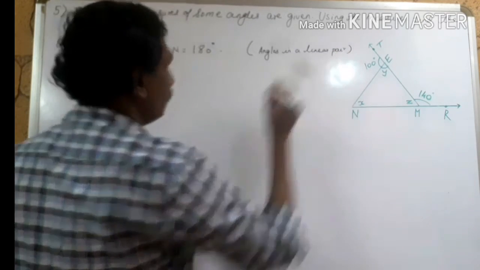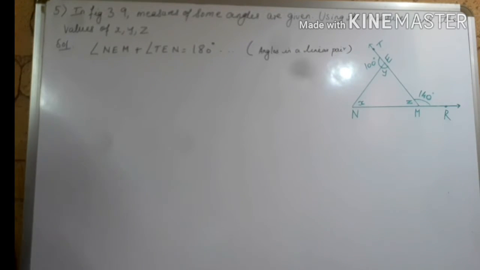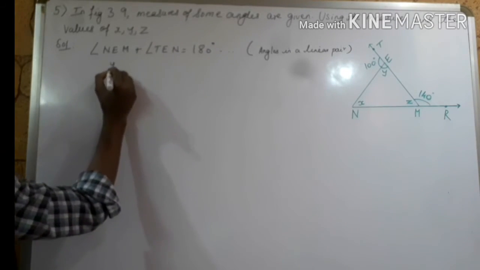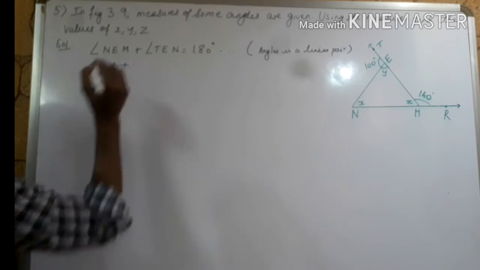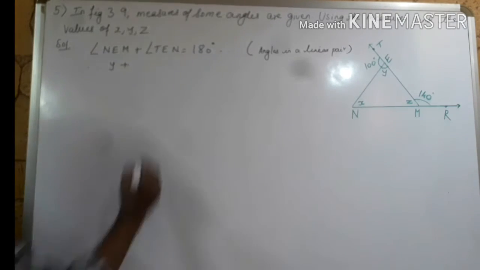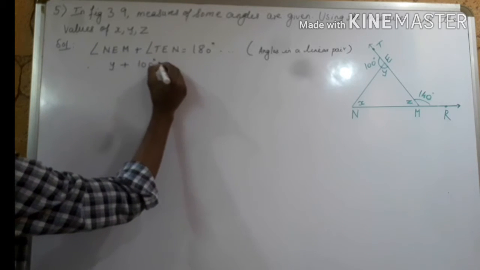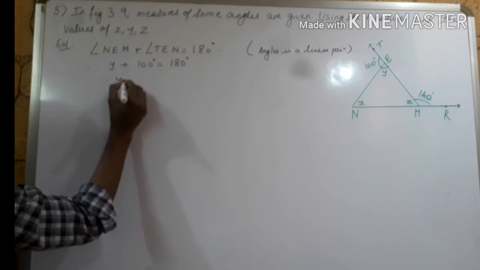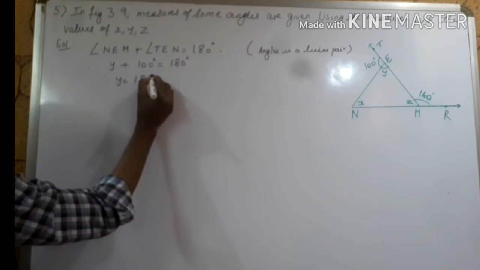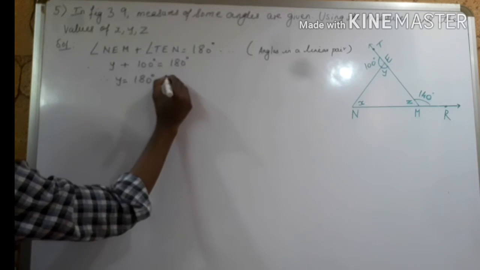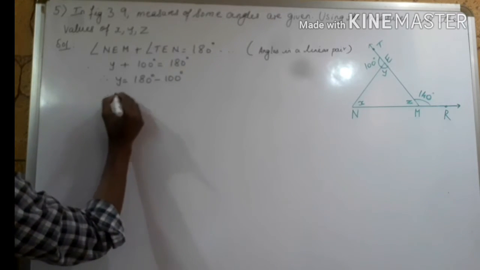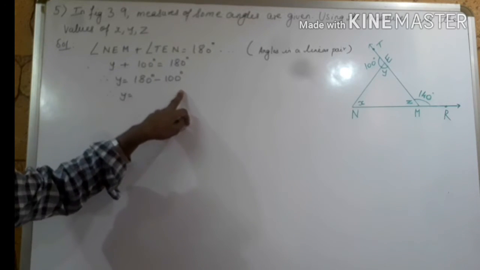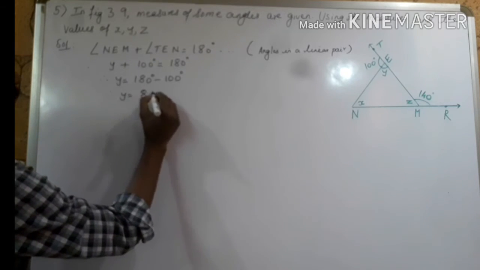Angle NEM is given to us as y, therefore y plus 100 degrees is equal to 180 degrees. Therefore y is equal to 180 degrees, bring this 100 this side, minus 100 degrees. Therefore y is equal to 180 minus 100, which gives me 80 degrees.